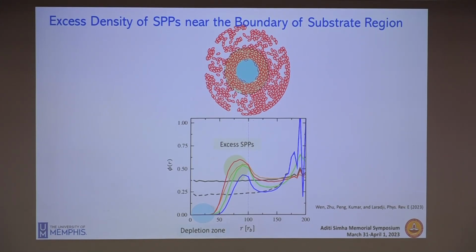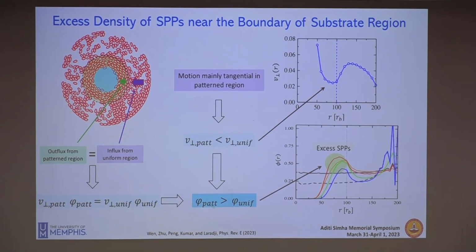So what is the reason for this non-monotonic distribution? One way to understand that is to look at the fluxes of particles through the edge of the patterned region. So particles will go in, of course, and go out, right?